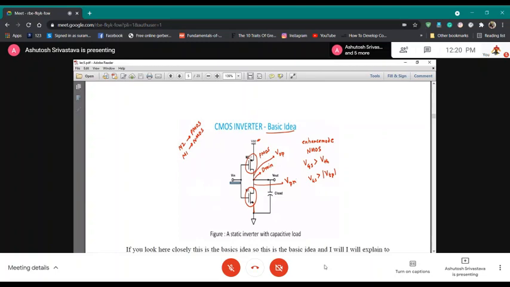So PMOS, when the value at the gate is 0, is in conducting state, and when the value at gate M2 is 1, the PMOS is in the non-conducting state.